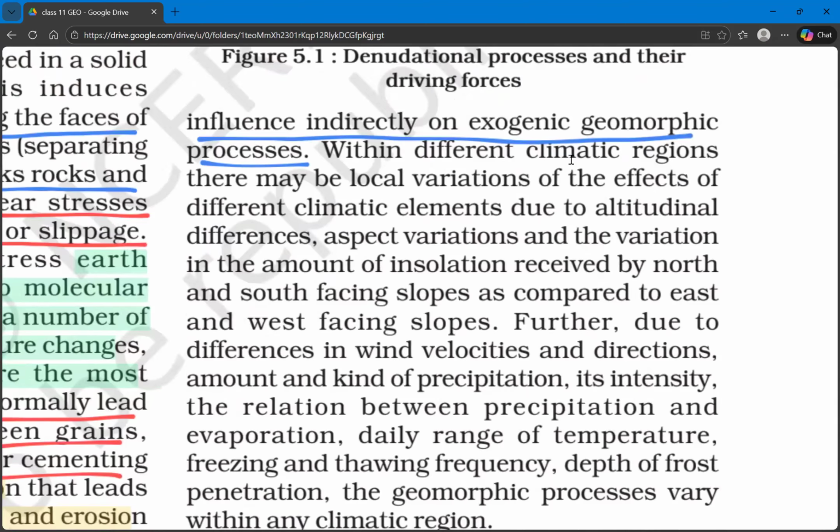Within different climatic regions, there may be local variations of the effects of different climatic elements due to altitudinal differences, aspect variations, and the variation in the amount of insolation received by north and south facing slopes as compared to east and west facing slopes. So variations in altitude and the amount of insolation received by the slopes are also important, because they have an indirect influence on the denudational processes.